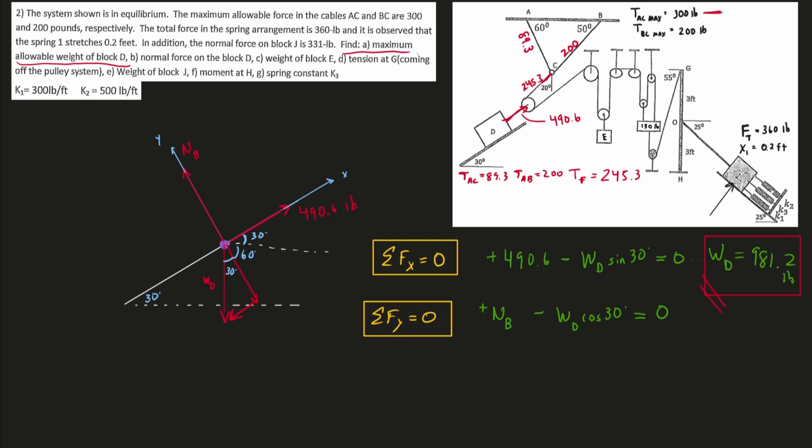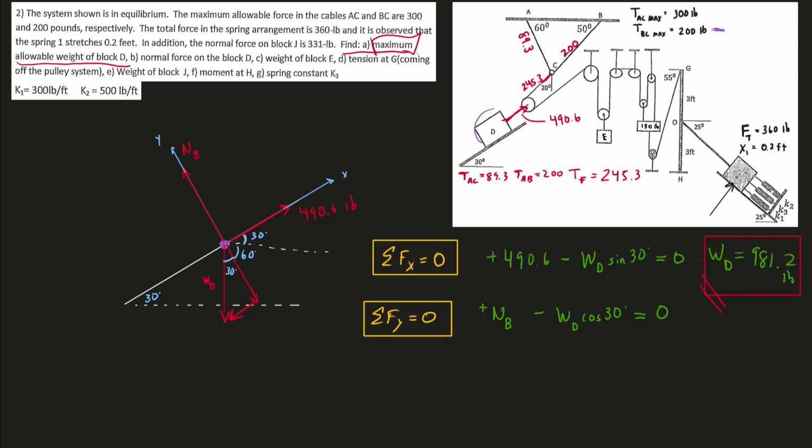And note that this will be the maximum allowable weight. Why? Because in the very beginning, we stipulated that our configuration of ropes here was pulling the max possible tension that it could. We couldn't maximize AC, but we maximized BC.